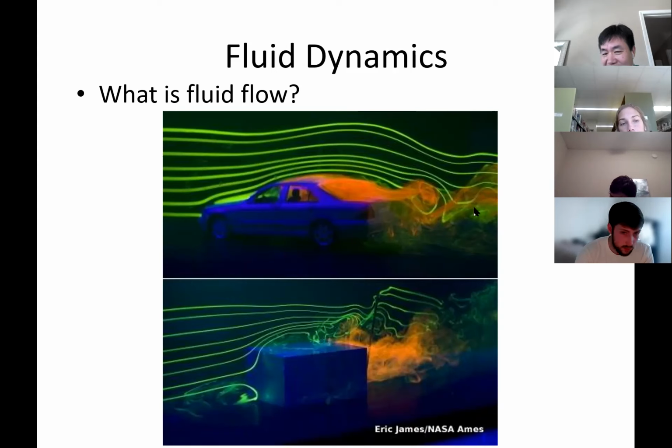Okay, and I'd like you to relate the pressure in the vortex to the drag. How is the drag formed? The drag is a pressure difference between the front of the car and the back of the car. Do you agree?